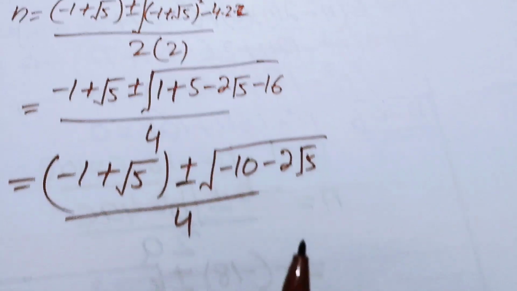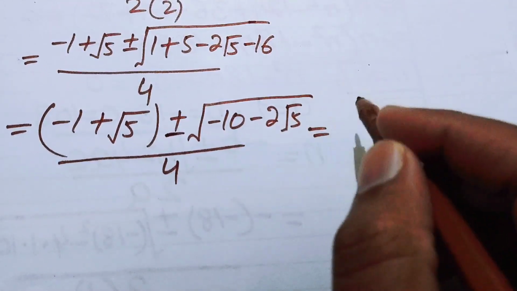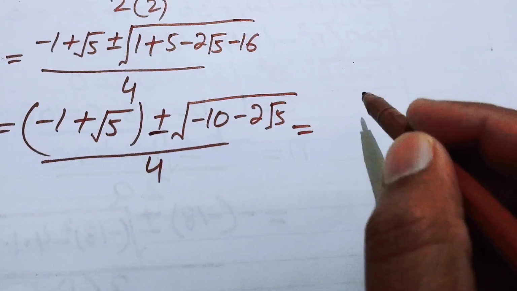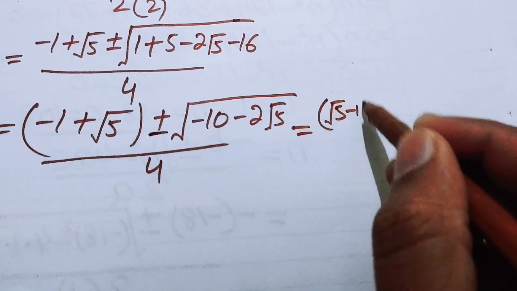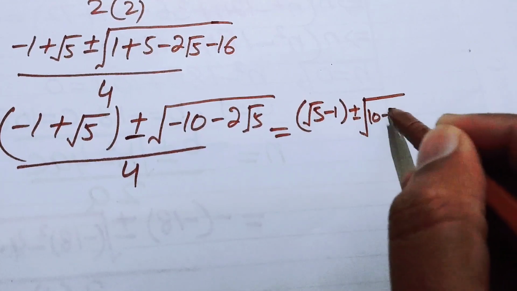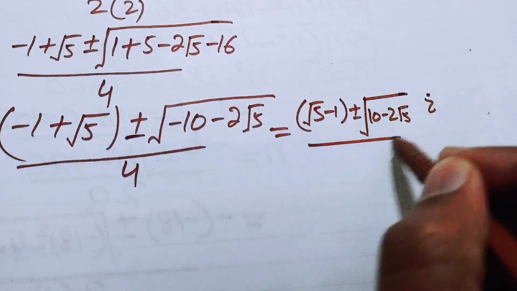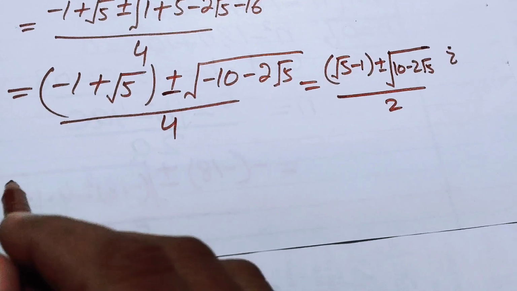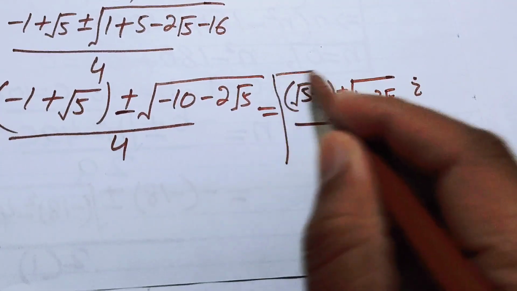Now we will rearrange the terms and we will get the answer as n equals square root of 5 minus 1, plus or minus square root of 10 minus 2 times square root of 5, times iota, over 4. So this is the value of n in the first case.